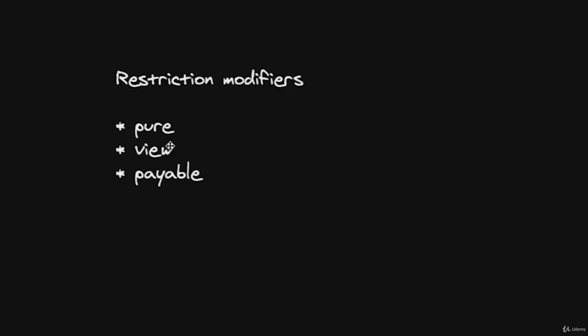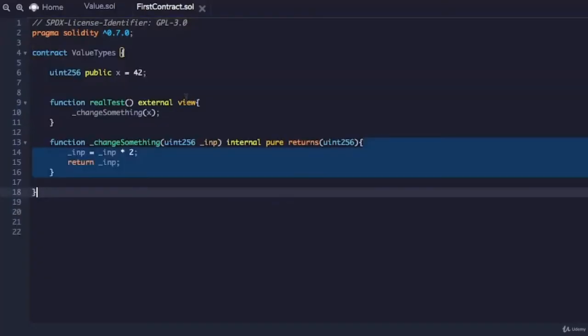Underneath the hood, these pure and view functions call something called eth_call from the JSON RPC. That's the API that we use to talk to the Ethereum EVM. If we don't use pure and view, then the function can change the state, and for that, underneath the hood, we call JSON RPC's eth_sendTransaction. So just to remind you, this is what I mean by pure and view and all that.